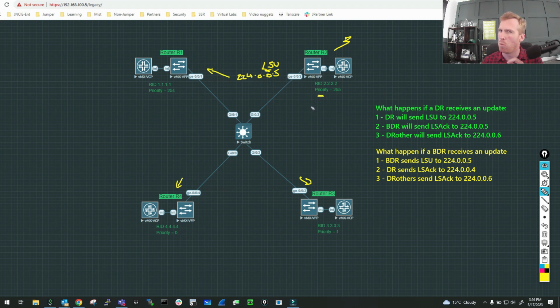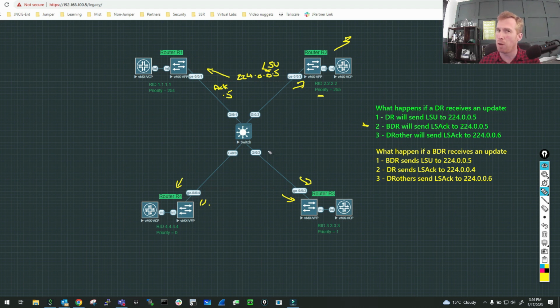So all of these routers in that same OSPF domain receive that link state update from the backup designated router. What happens then, just like we saw in the first part, is the designated router is going to send its acknowledgement back, again to the 224.0.0.5 multicast IP address. So it's letting the backup designated router know, as well as the DR others, that I have seen this update and I am acknowledging it. I am still here, I am still connected, I am still around, I am the designated router.